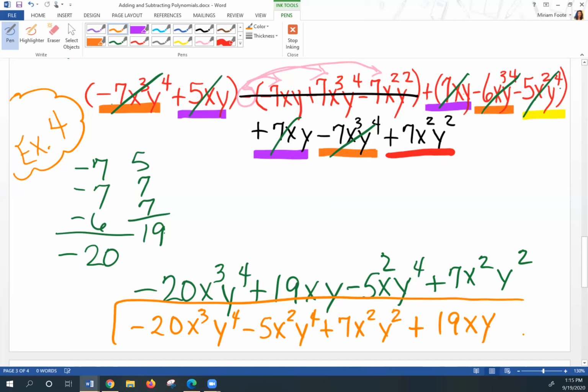This is how I would set it in standard form, because again, I'm looking at my x variables, x cubed, x squared, another x squared, and then x. And it just so happens that these y's both have a 4, and then it counts down to 2 and 1. So this is how I would actually leave that answer.